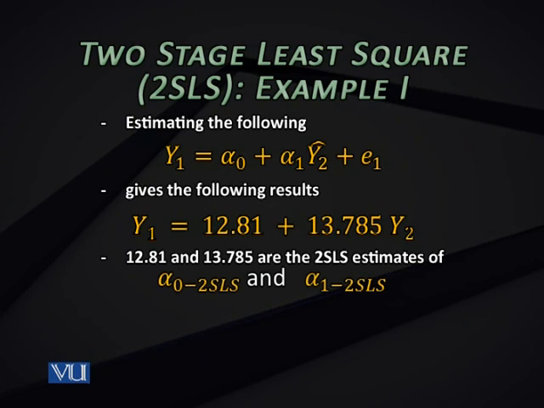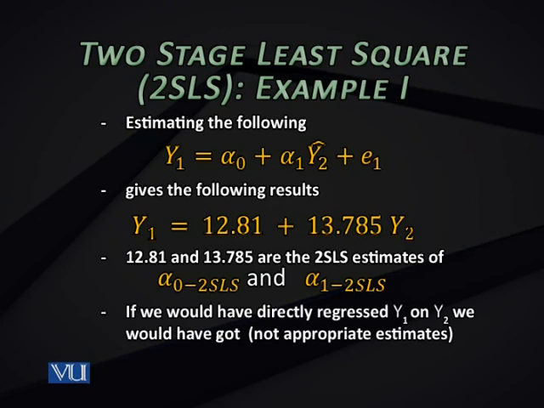We ran an OLS regression on the original equation and got 16.03 and 11.6. They are the OLS estimates. So alpha naught OLS and alpha 1 OLS are 16.03 and 11.6, which are quite different from 12.81 and 13.785, which we estimated by 2SLS.